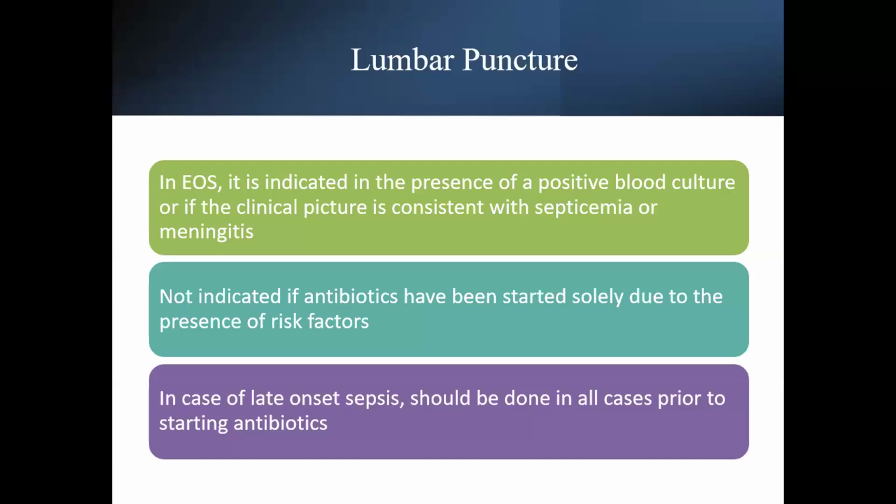So lumbar puncture is very important and it is usually missed. If you miss meningitis in these babies, then the baby can later land up with post-meningitic hydrocephalus with untreated meningitis. So it is very important that you do lumbar puncture in all babies with sepsis. It may not be done in babies if you have started antibiotics solely because of the risk factors.